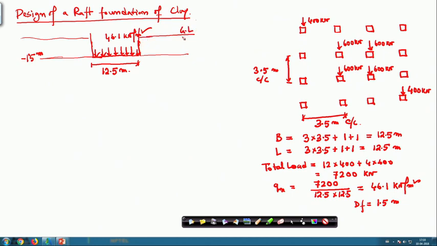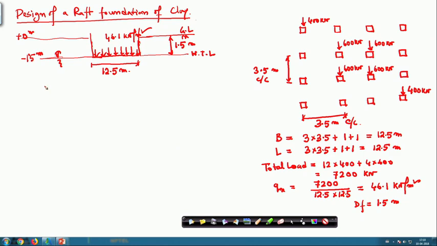So, this is GL, this distance is 1.5 meter and this is plus 0 meter, and the water table is also at a depth of 1.5 meter. So, this is the water table location, which is 1.5 meter below ground level.